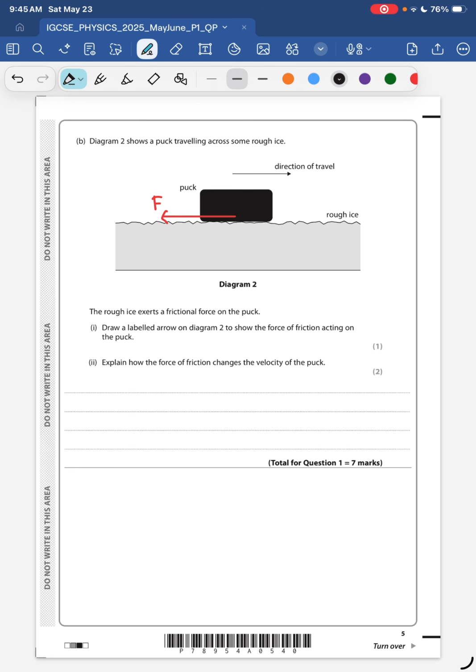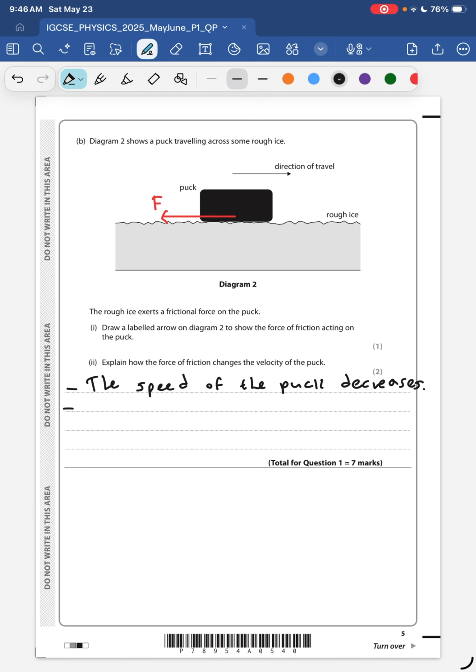And now part two: explain how the force of friction changes the velocity of the puck. So it will reduce the velocity of the puck. So the speed, okay, I'm going to try to improve my handwriting, the speed of the puck decreases.